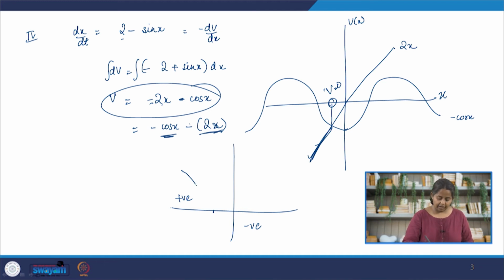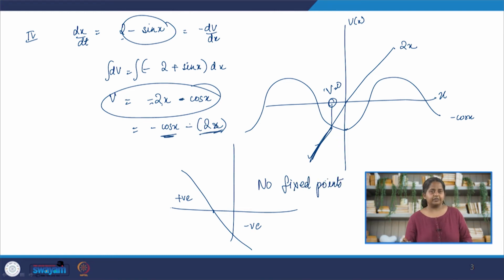So basically our curve is going to be something like this. There is no local minima. So here we can tell very clearly that in case of 2 minus sin x, there are no fixed points. So we do not need to find the stability of any of the fixed points.